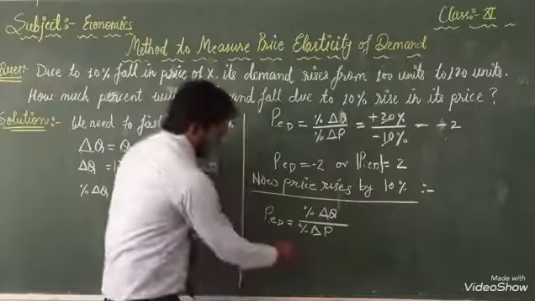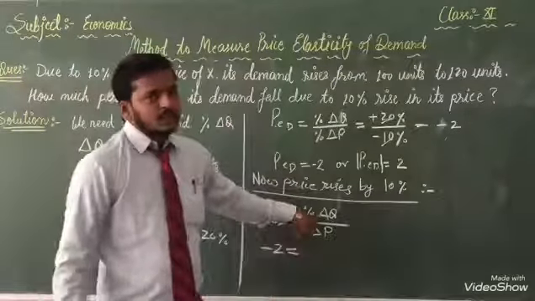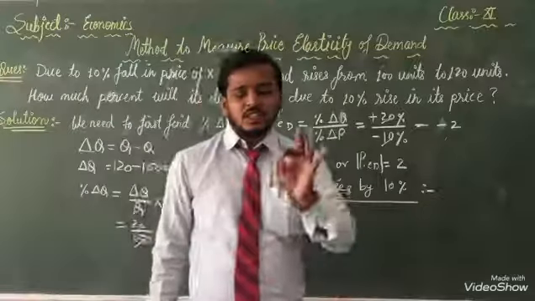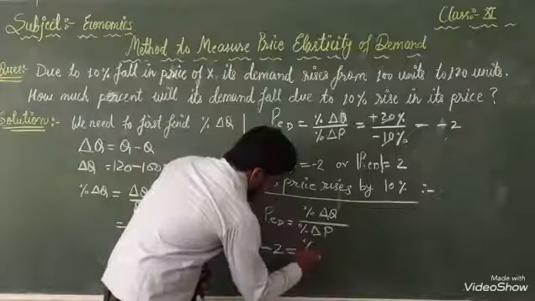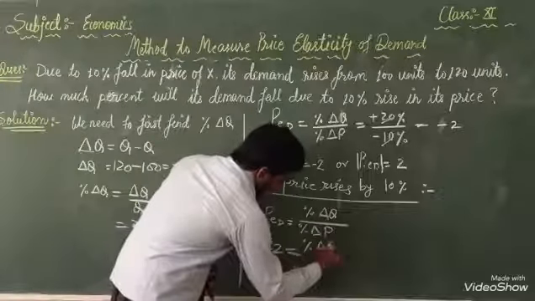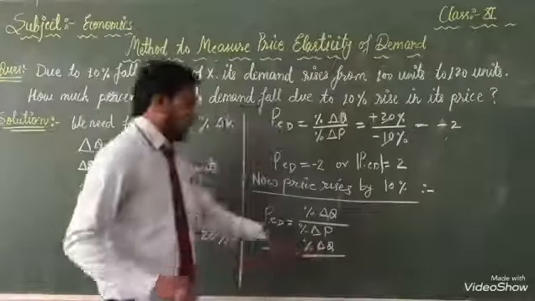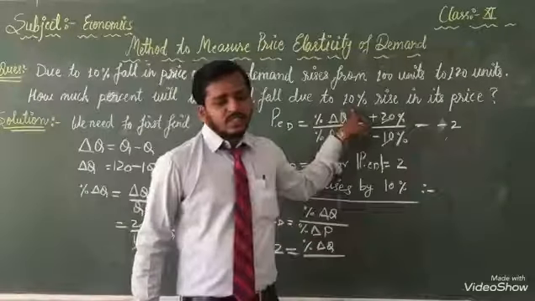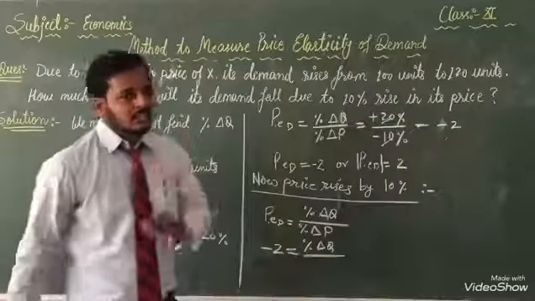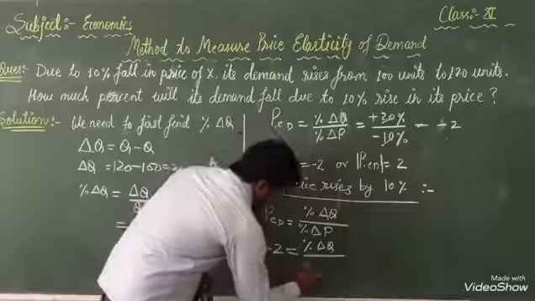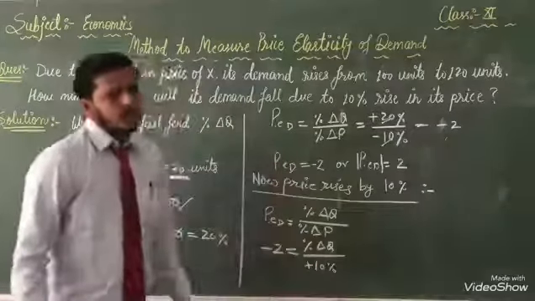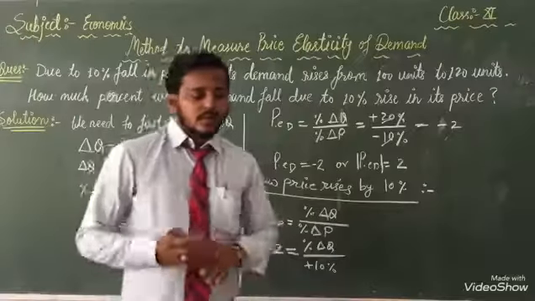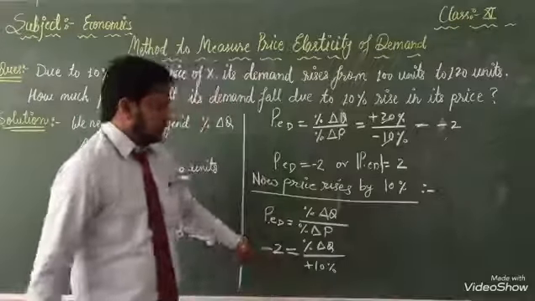After that, change in quantity demand we don't know, so we have to write percentage change in quantity demand. Now 10% is given here, plus 10 means plus 10%.